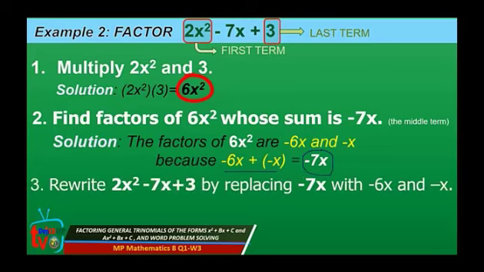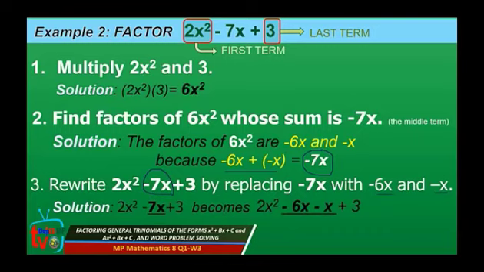Step 3, let's rewrite 2x squared minus 7x plus 3 by replacing negative 7x by the factors, which are negative 6x and negative 1x. These are the factors that we have obtained in step 2. So from here, 2x squared minus 7x plus 3 becomes 2x squared minus 6x minus 1x plus 3.